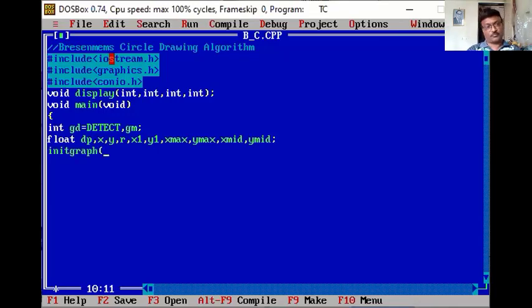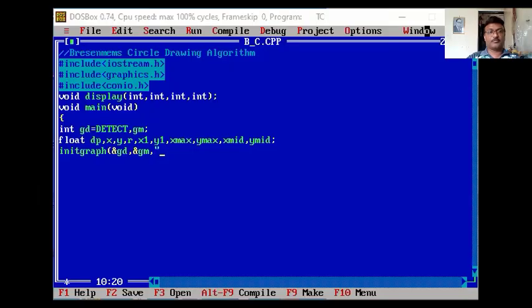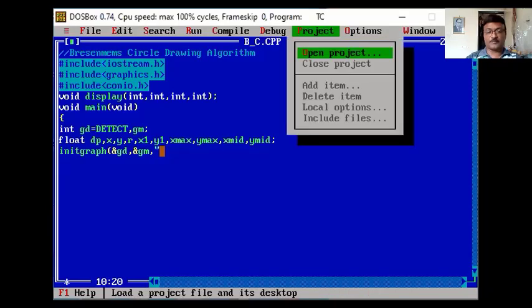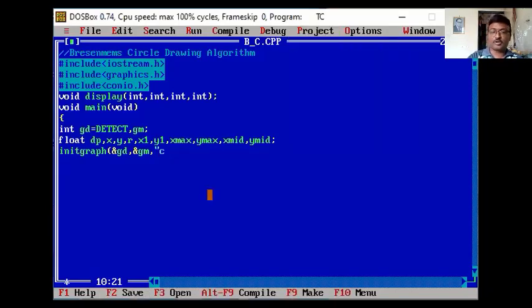In the initgraph, what parameters can you pass? gd means address of gd that you declared, and address of gm. Now once again, all of you welcome. Here I have considered my graphics path: c colon, double backslash turboc3, double backslash bgi, borland graphics interface.